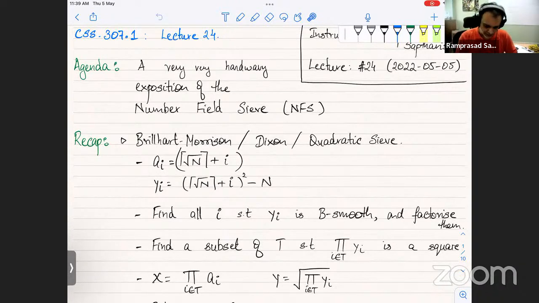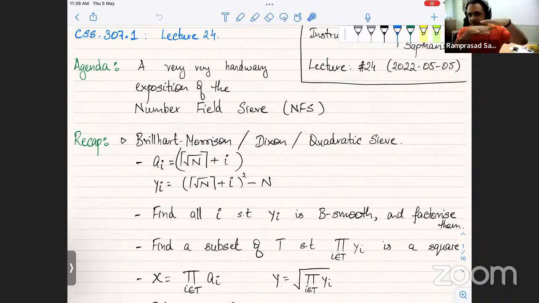Because I want to find a product of these yi's that is a square. ai squared is equal to yi mod n by construction, so the ai squareds are naturally squares, but I'm trying to find a product of these yi's which also happens to be a square. And how did we do this? We took the exponent vectors corresponding to the factorization of each yi and put them in a matrix, say as rows.